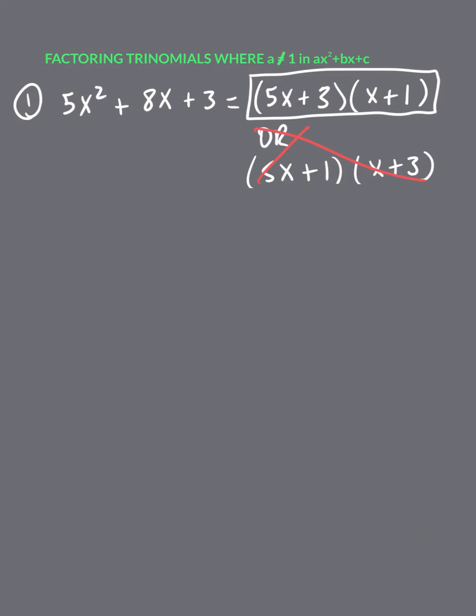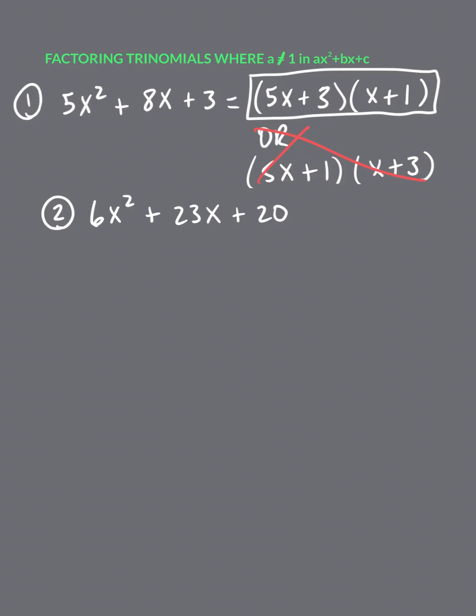So this method is pretty easy to do when A and C don't have many factors, and you can just put your numbers in the parentheses and then multiply it to check it. But let's look at one where A and C do have a lot of factors.